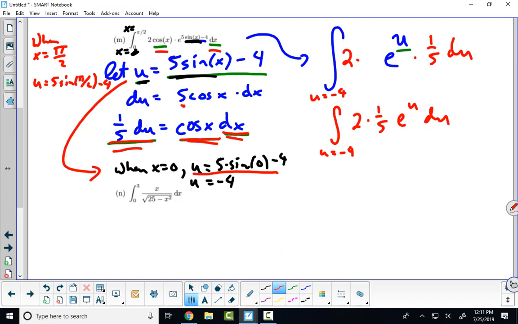And what's sine of pi over 2? 1 times 5 is 5 minus 4 is 1. So what's my upper limit of integration get adjusted to? 1. So everyone see how we adjusted both limits of integration as well as doing the u substitution.